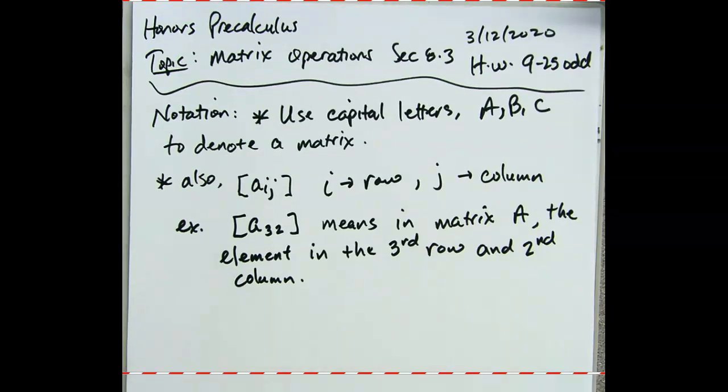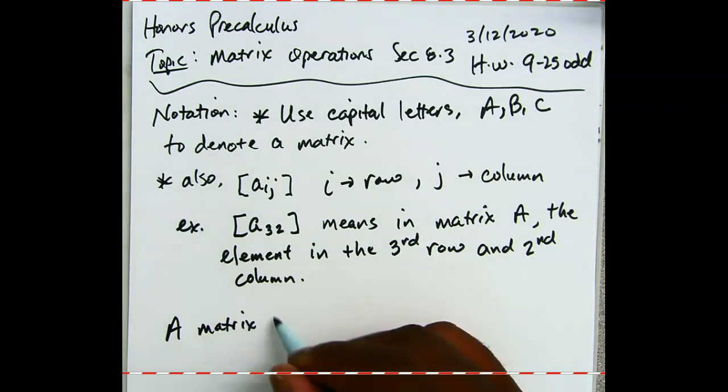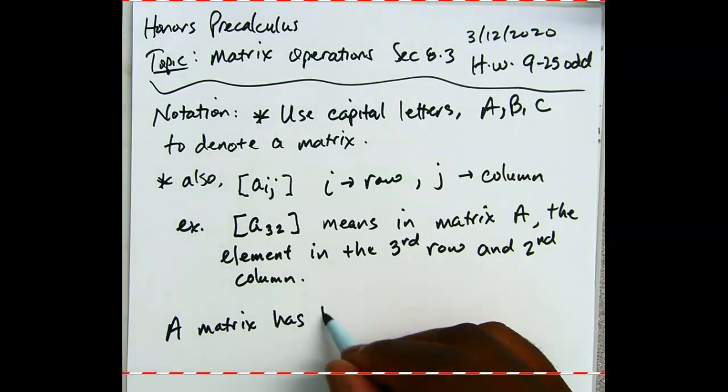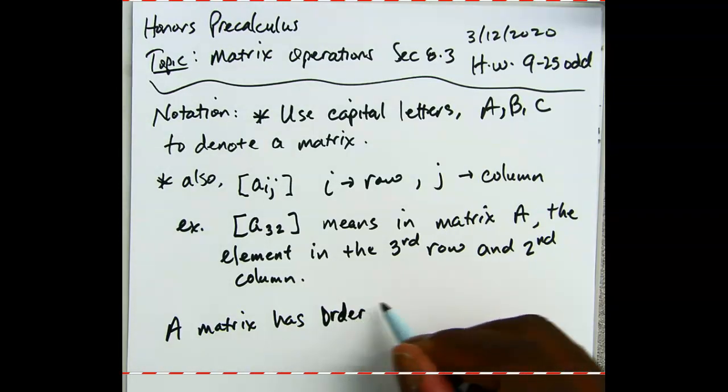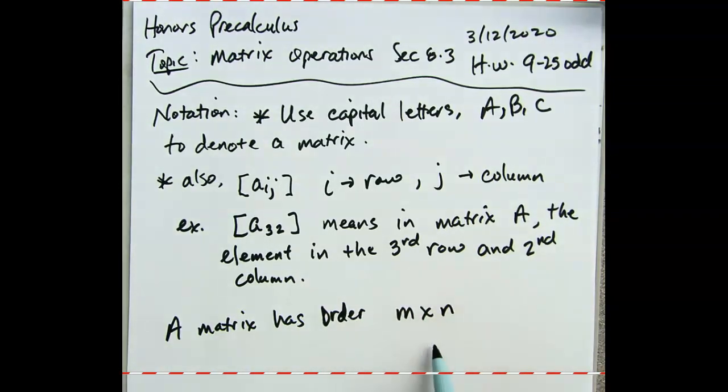Now, the order of a matrix is the number of rows and columns that that matrix has. So that's how you determine the order. So a matrix has order, and we say it's m by n. So we don't say times, but this little x there is by. So an m by n matrix.